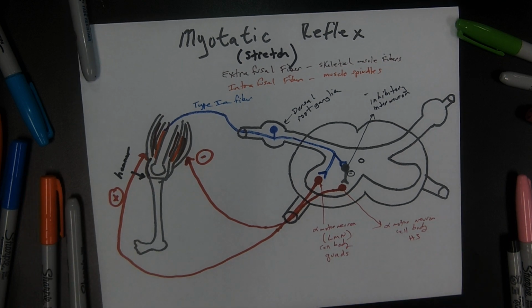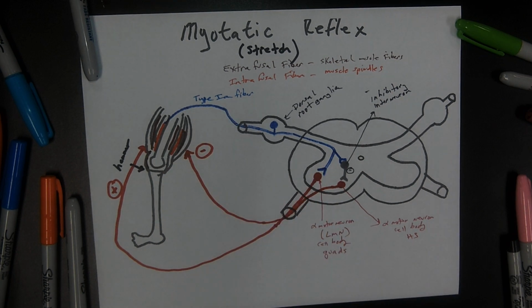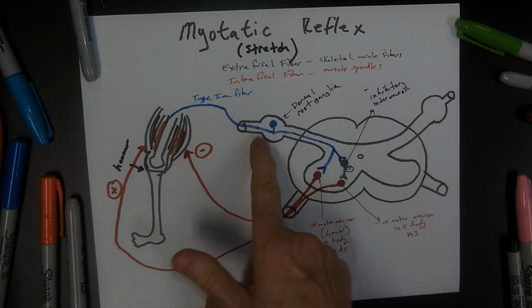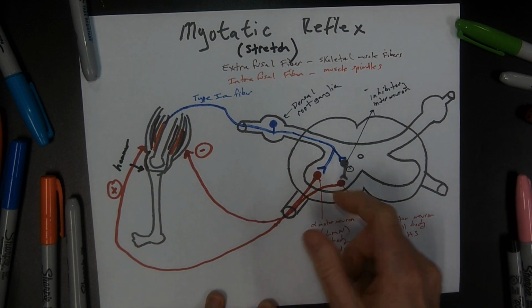Okay, most important thing you need to know, stretch reflex works through the muscle spindles. Muscle spindles are part of the intrafusal fibers of your muscle. Extrafusal fibers are just regular skeletal muscle. Type 1A fibers are associated with the muscle spindles. The neuronal cell body resides in the dorsal root ganglia, just like all others, comes in, bifurcates.